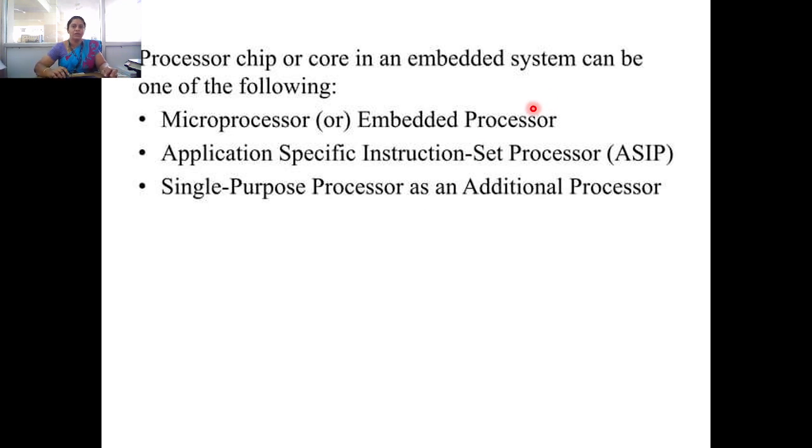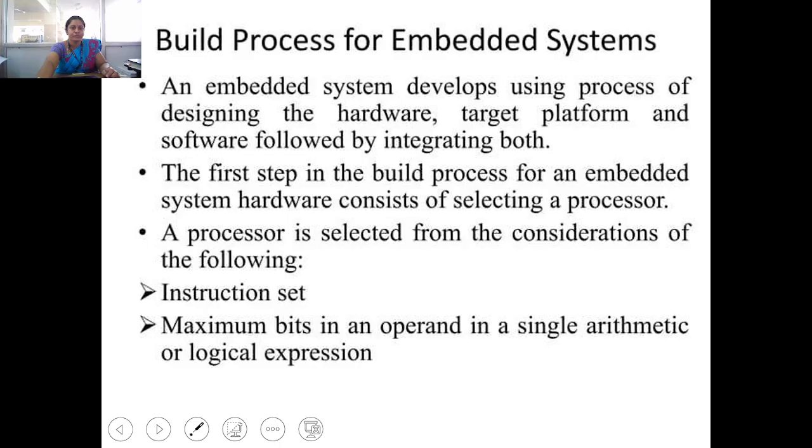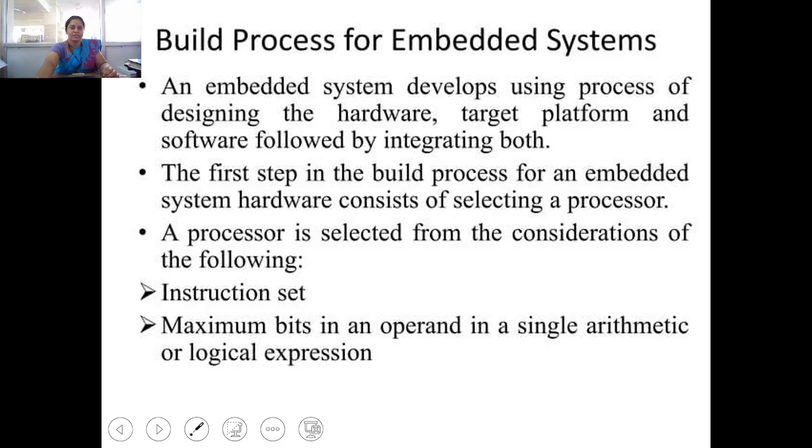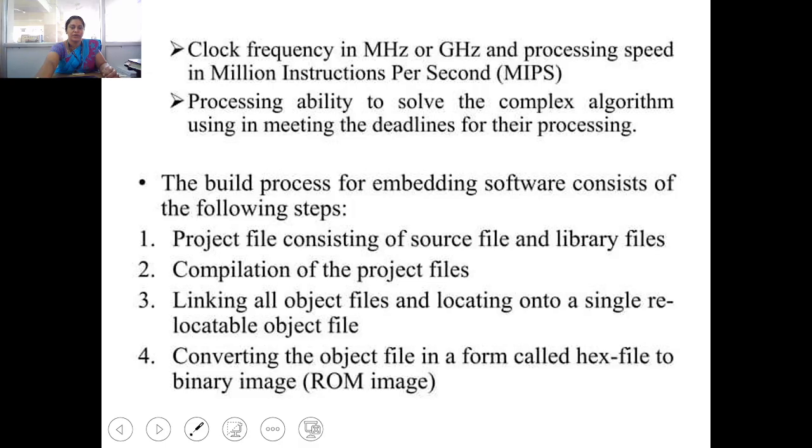This is the core of an embedded system: one type of processor chip is a microprocessor, otherwise called an embedded processor, along with application-specific and single-purpose processors. And this is the build process for embedded systems: how to build the embedded system processor on some hardware and software platforms. We have to consider the instruction sets, simple arithmetic operations, clock signal frequencies, and processing ability factors.